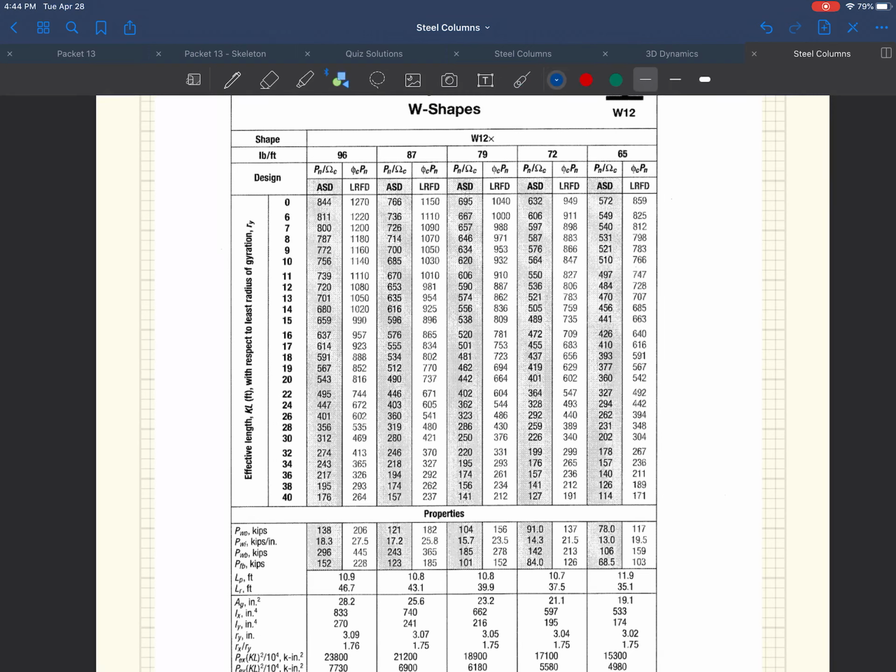Okay, so here's 13 feet. We read this across. Let me highlight this, 13 feet. We read it across, and we're looking for one of these that has at least 900 kips. Okay, and so the 862 would not work, 954 would work. So this would be a W12x87 is what the table says we would use, W12x87 with a phi Pn of 954.